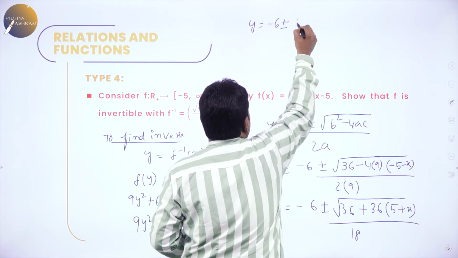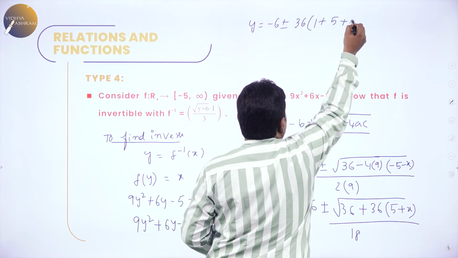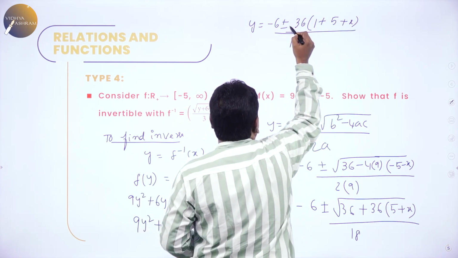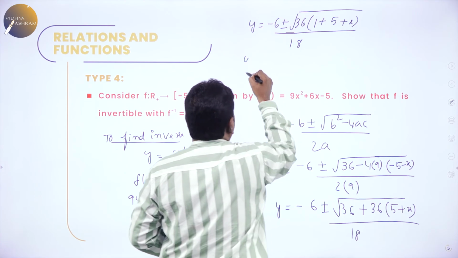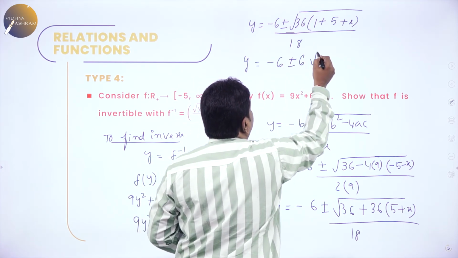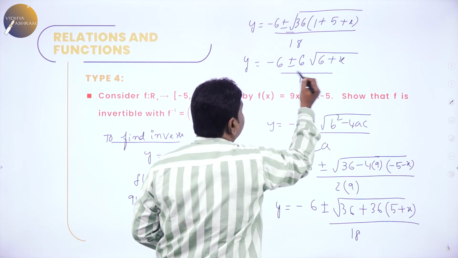So take 36 common, you will be left out with 1 plus 5 plus x divided by 18. This was under root. All of you know root 36 is 6. Root of 1 plus 6 plus x divided by 18.